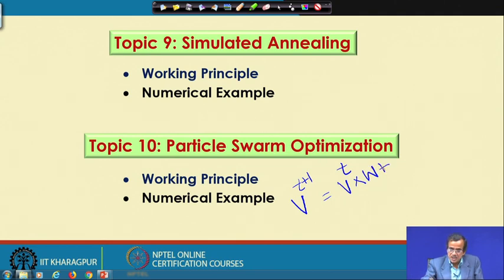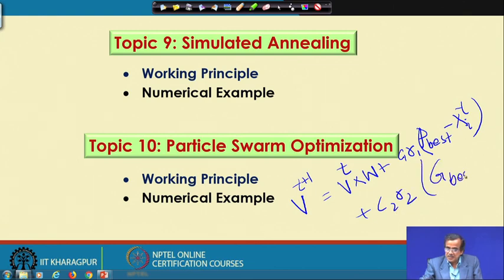Next, we consider some cognitive component, that is C1 R1 multiplied by p best, which I am going to explain, minus the value of the variable x i t, plus C2 R2 multiplied by g best minus x i t. So, this is the way we are going to update this velocity.